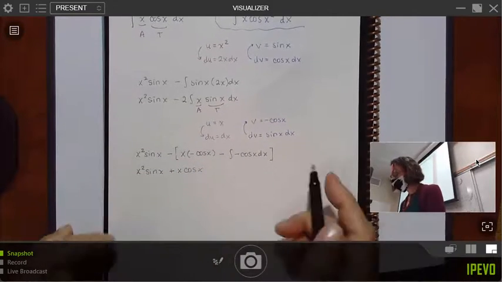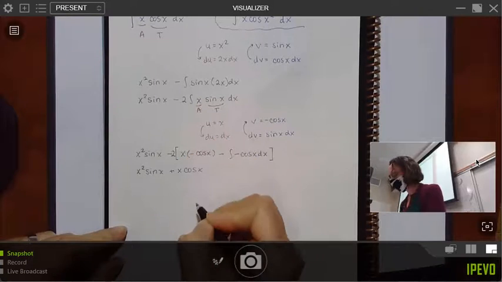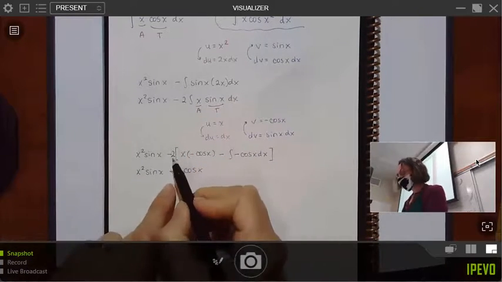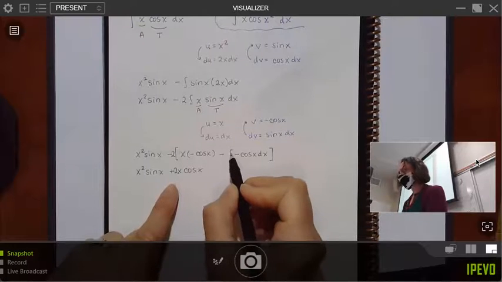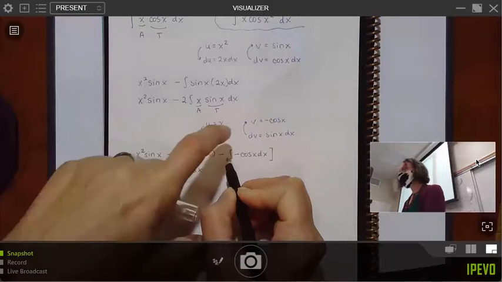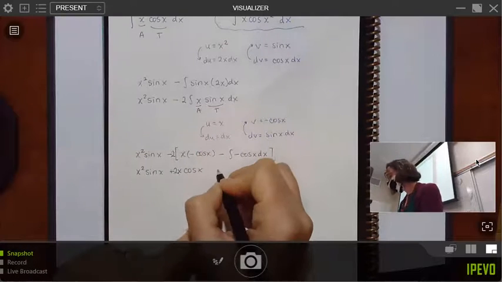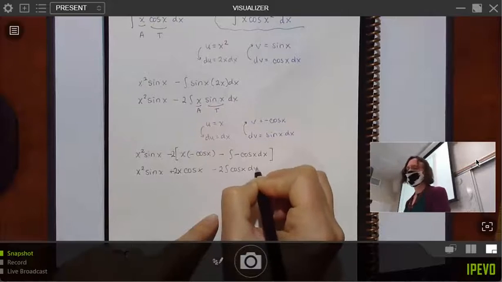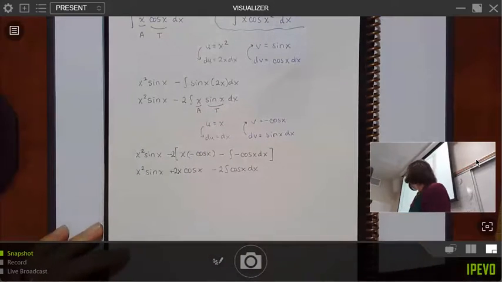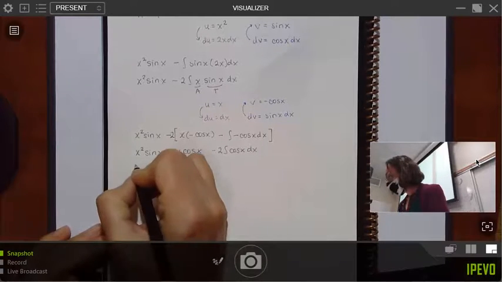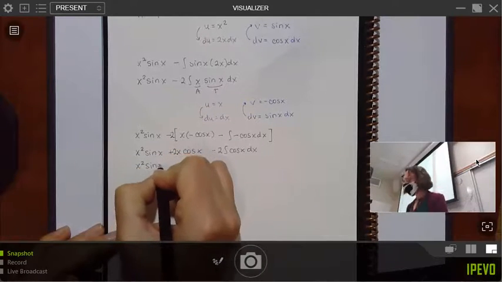I lost a 2. I sure did. Thank you. Now this one, I've got a minus over here, which would make that plus, but then I'm distributing in that minus 2. So I've got a minus 2 integral cosine x dx. And, oh, did I make a mistake again?